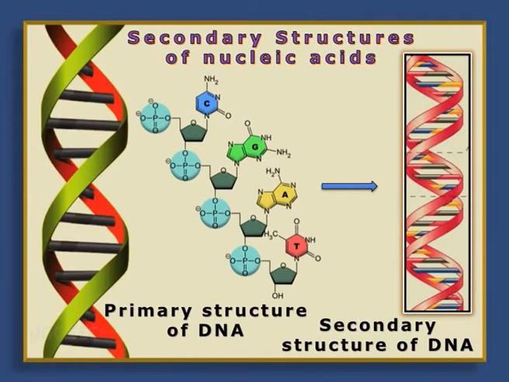Now, what do we see? The secondary structure of nucleic acid, commonly known as the DNA double helix, consists of two polynucleotide strands. The two strands are wound around a common helix axis to form a structure that resembles a spiral staircase.